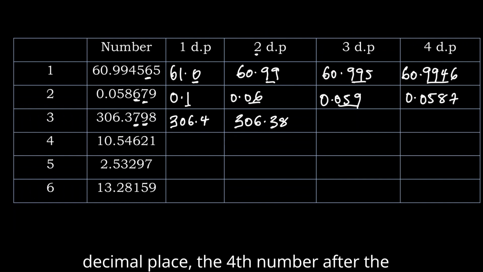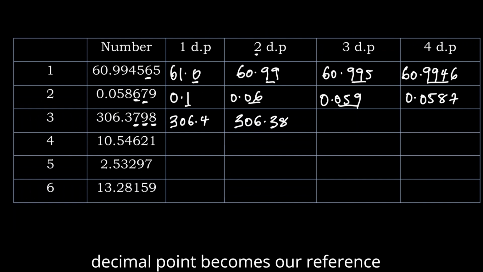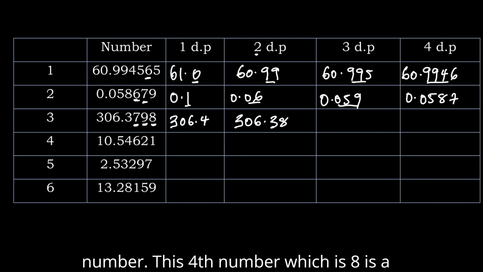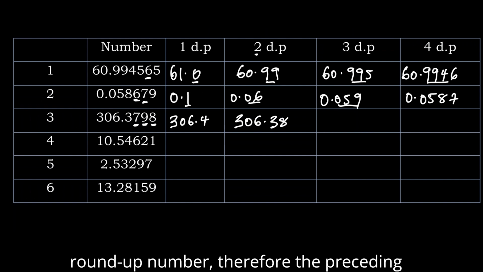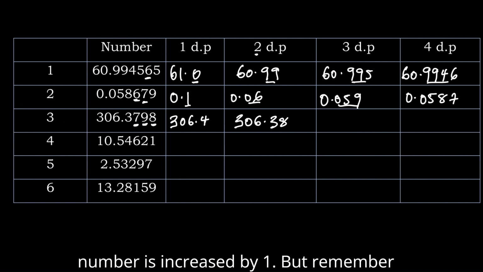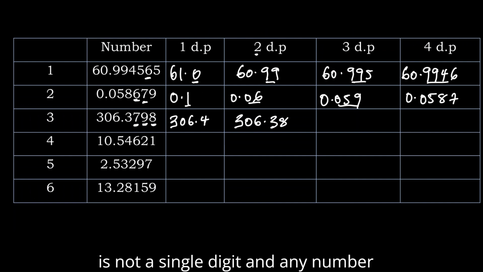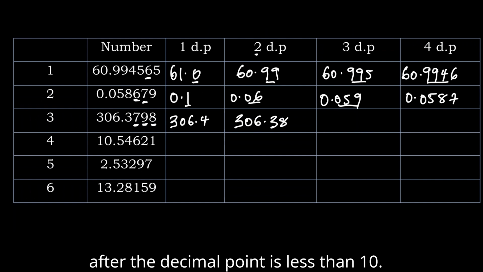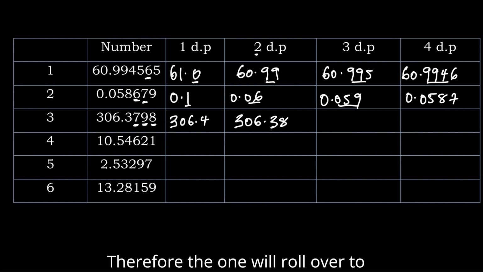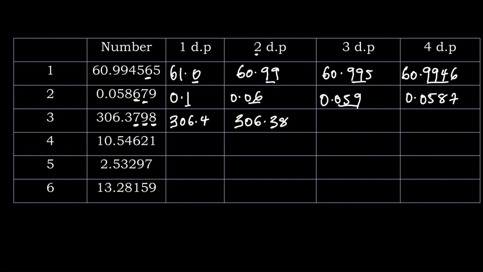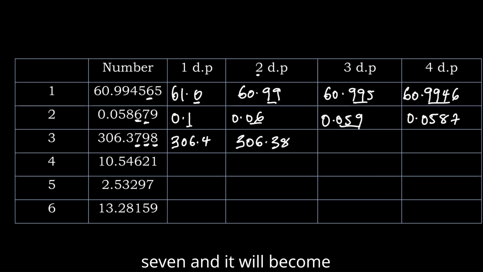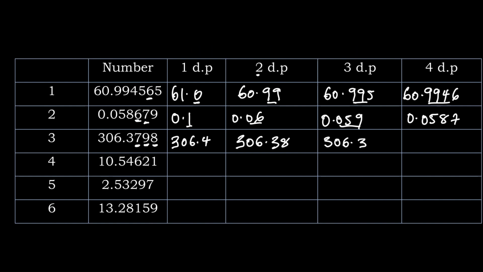Then to 3 decimal place, the fourth number after the decimal point becomes our reference number. This fourth number, which is 8, is a round up number, therefore the preceding number is increased by 1. But remember that we cannot write 10 here because 10 is not a single digit, and any number after the decimal point is less than 10. Therefore, the 1 will roll over to 7 and it will become 306.380.